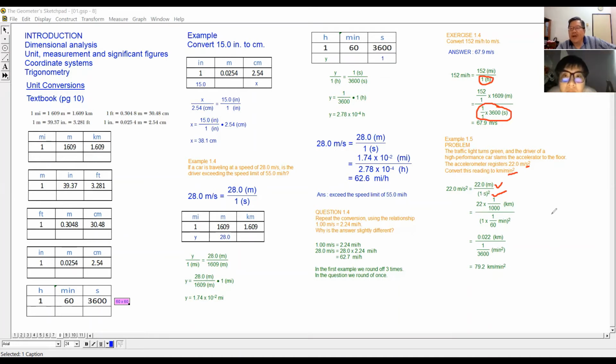Okay, right. The first one, I want to convert meter to kilometer. I have to divide by 1000. So after dividing by 1000, the unit here is no longer meter, but it is kilometer. Okay. Then 1 second, I want to convert to minute.